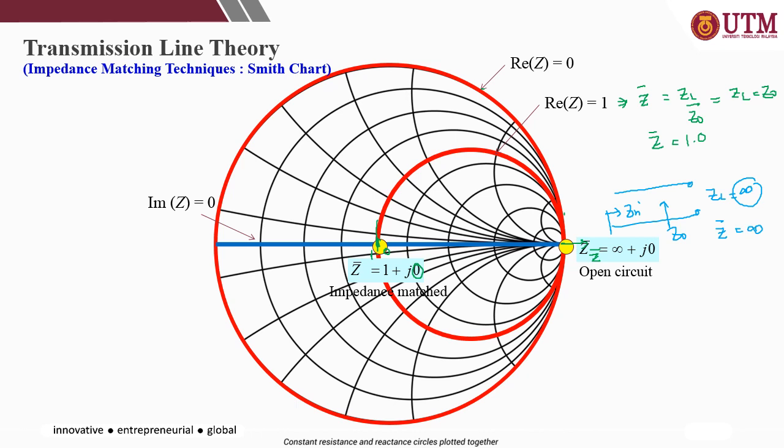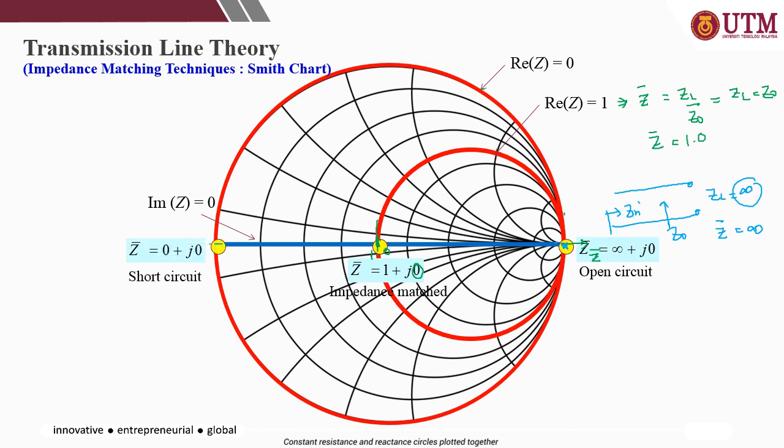The impedance is placed at the far end of the system, and again when the point lies on the horizontal line, the imaginary part is 0.